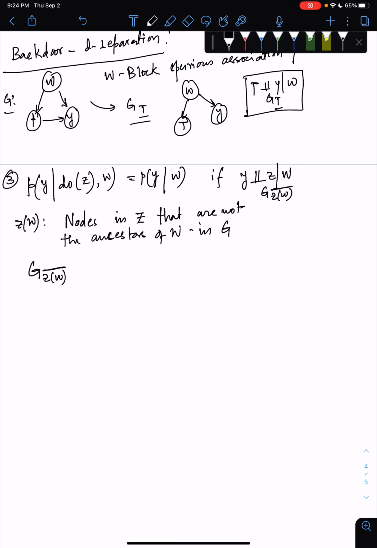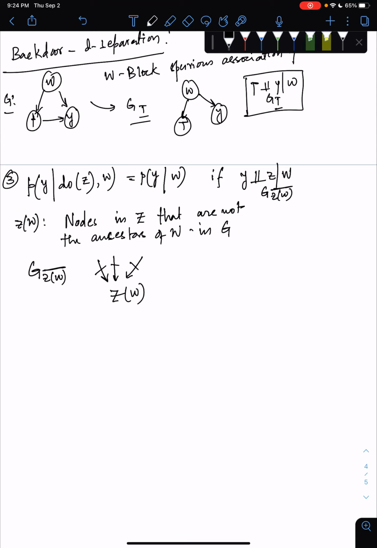If this is my Z(W), these edges which are coming to Z(W), we are removing. Now it says that Y and Z are conditionally independent.